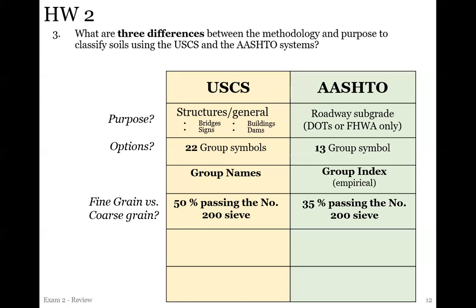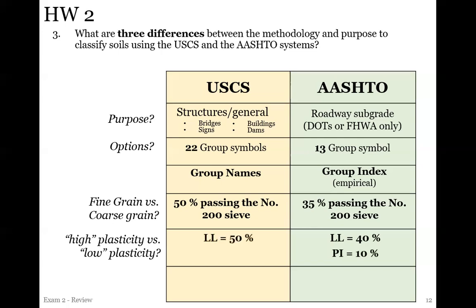The high plasticity versus the low plasticity, both are pretty elementary still, but the AASHTO uses a 40% criteria for the liquid limit and a plasticity index of 10. And then the liquid limit is 50% for the USCS. And then for the plasticity index, they use a function to distinguish between high plasticity and low plasticity.